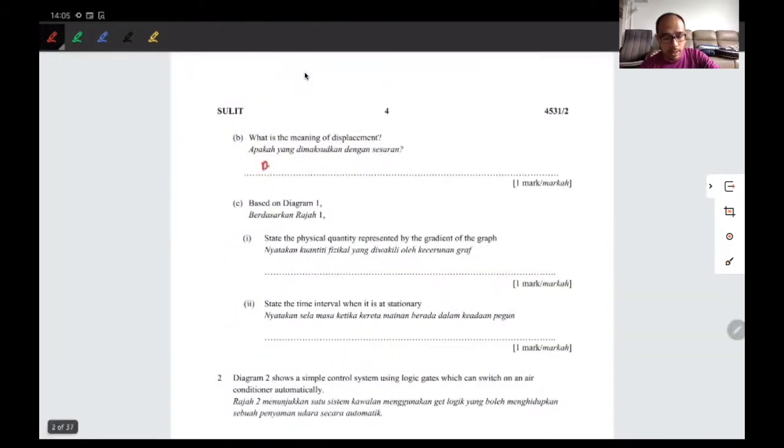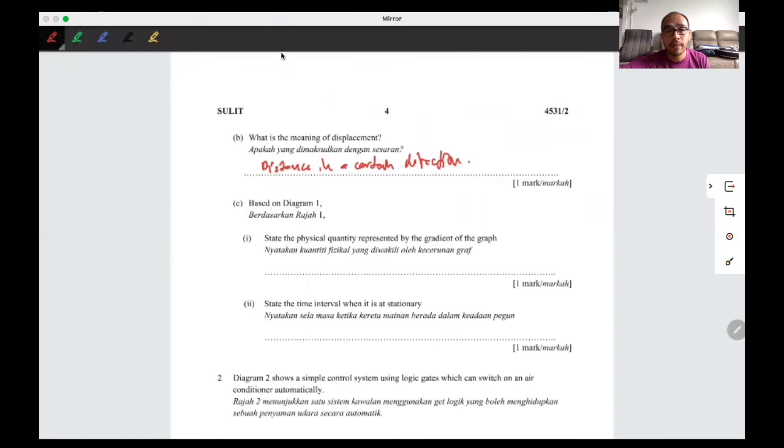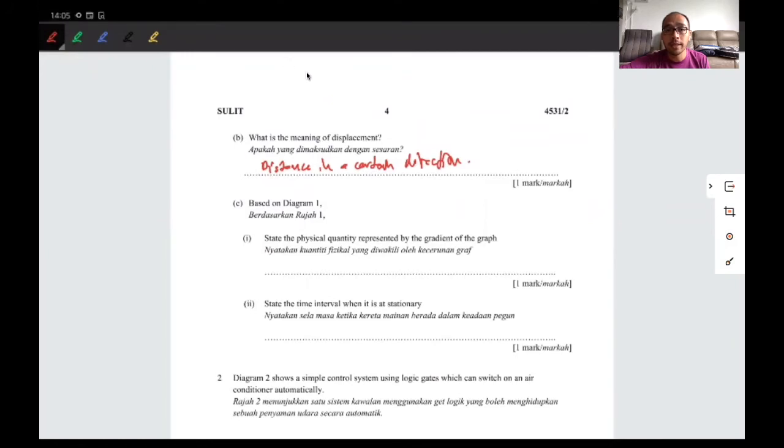Displacement is a distance in a certain direction, or any other definition that is similar to it. I think for me the most important thing is that you must mention the word direction when you talk about displacement, because the direction is what differentiates it from a scalar quantity. So that's the important thing.